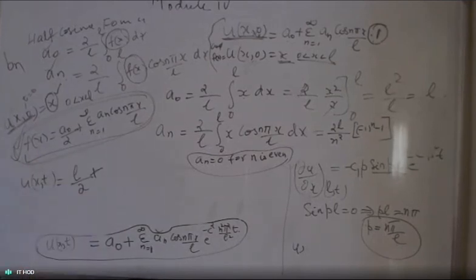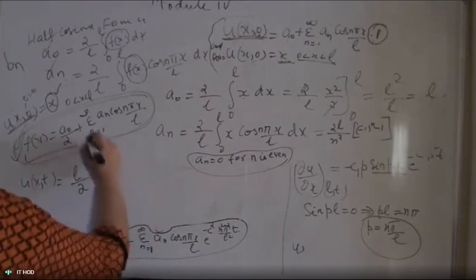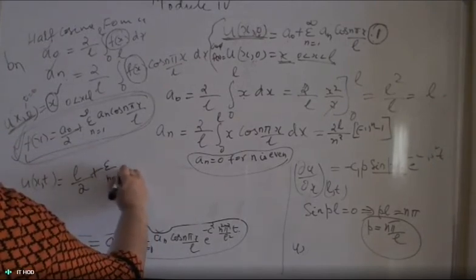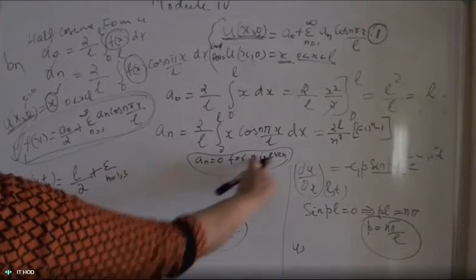You have to write each term, or you can write it like this. Sigma, this is the final answer. n equal to 1, 3. When n is even it is 0, n is odd.